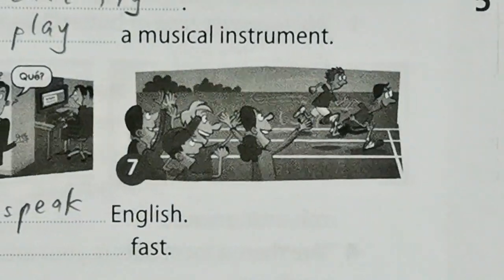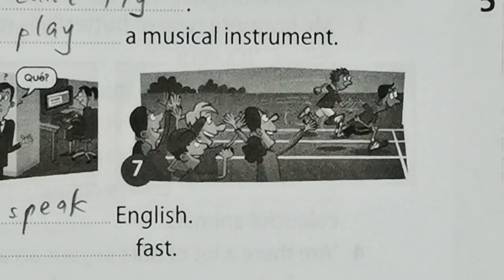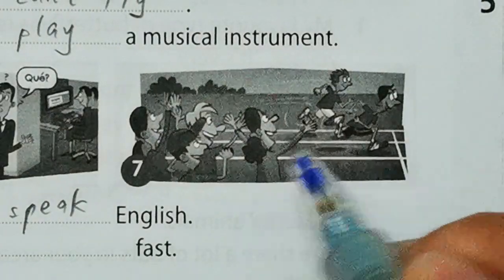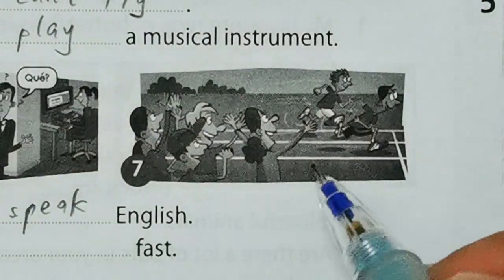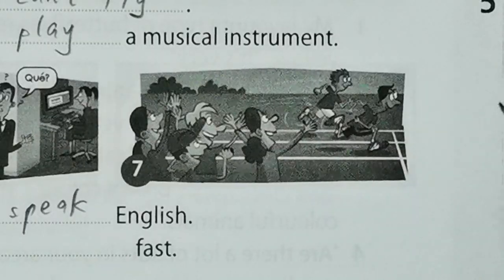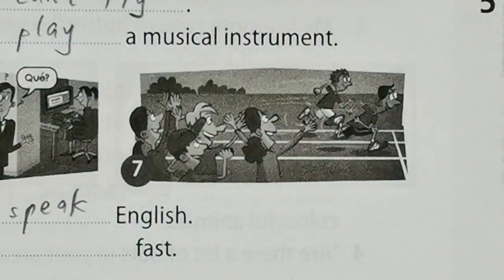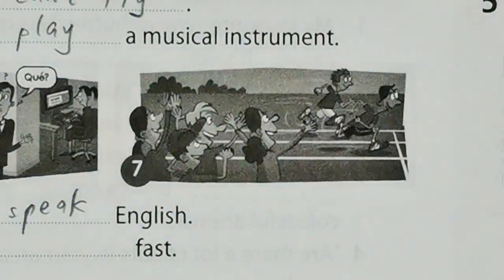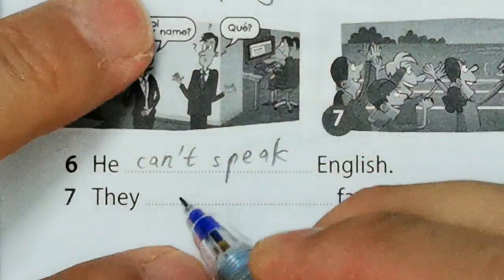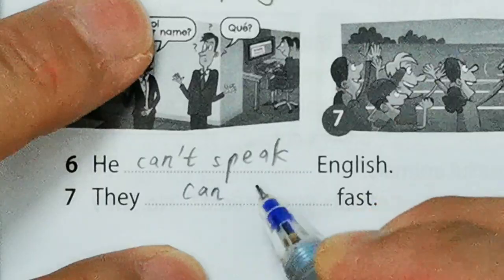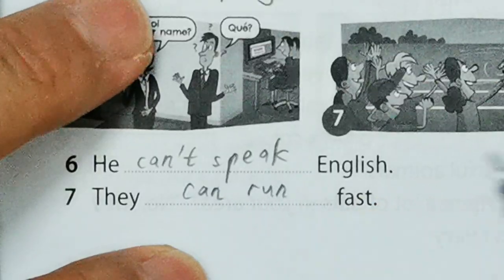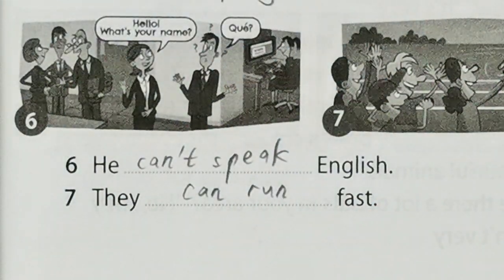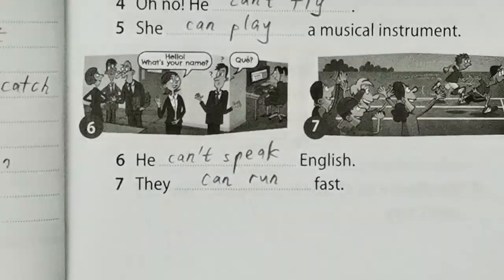And then number 7. We have this sport event here. So, running. Obviously they can run fast. So they can run fast. Next we move on to Activity 3. I minimize it a bit.